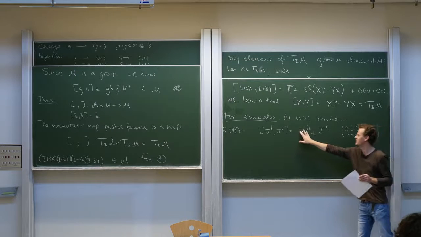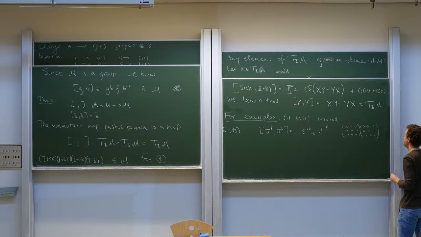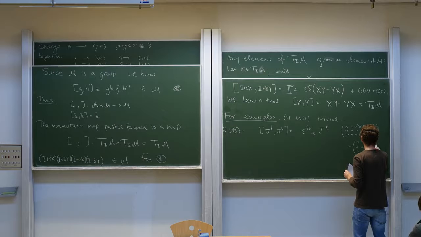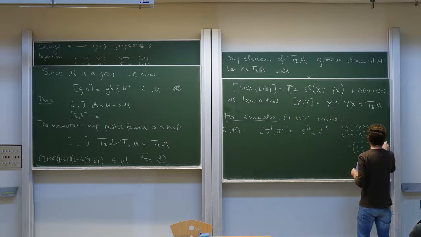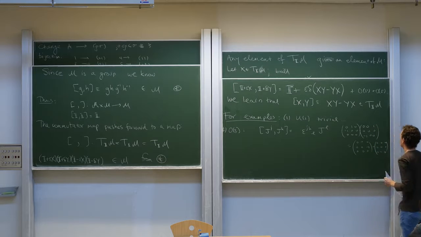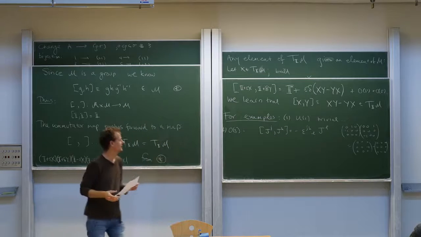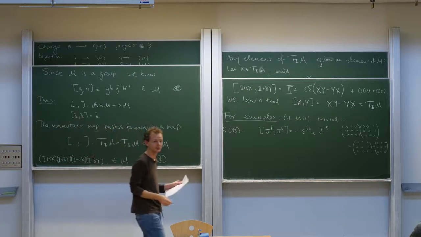There might be a minus sign that's wrong here. 0, 0, 0, 0, 0, minus 1. There's a minus sign, right? In terms of the basis I gave in the example.